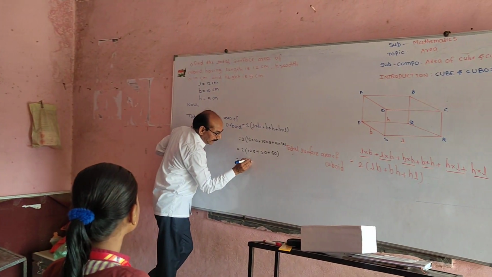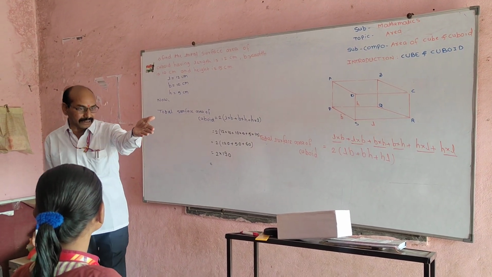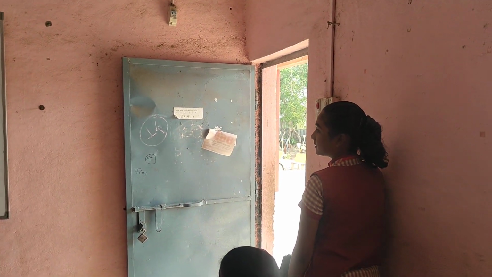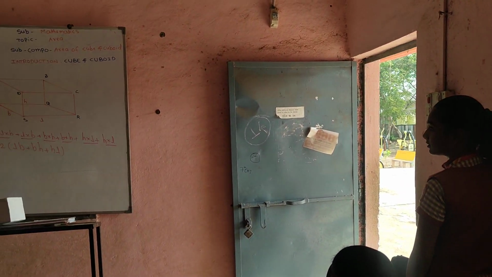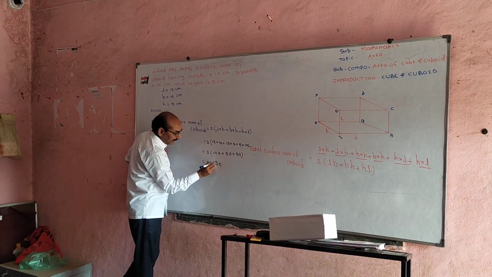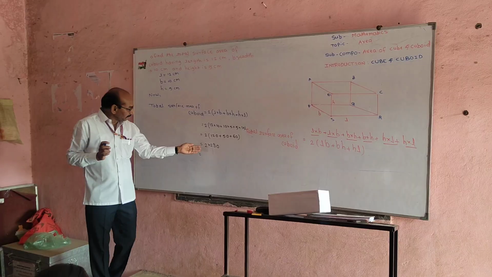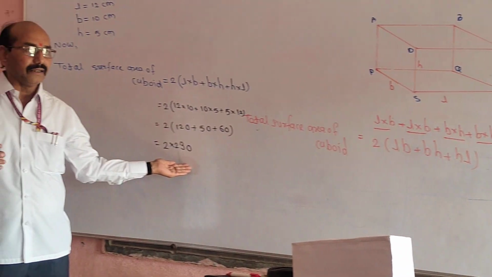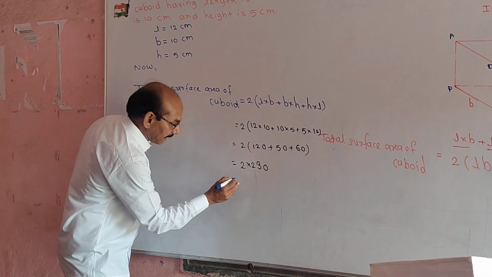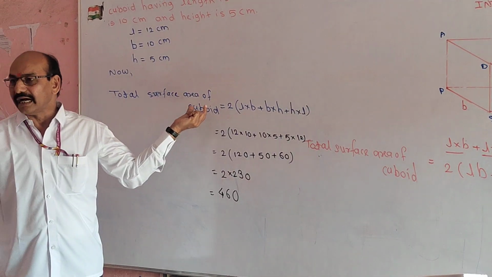The sum is 230. Now take the multiplication of 2 and 230, which is 460.